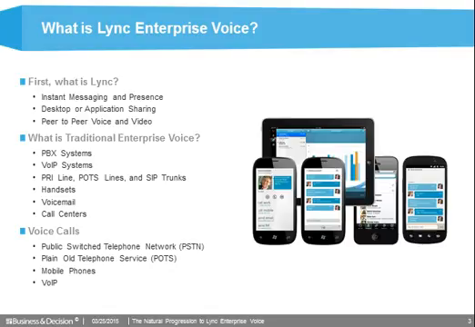Traditional enterprise voice, though, in your environment is typically a PBX system, Cisco, Avaya, ShoreTel. Also voice over IP systems. You might be getting your dial tone from a hosted solution where they provide you a phone and you connect over your data connection to their system in the cloud.